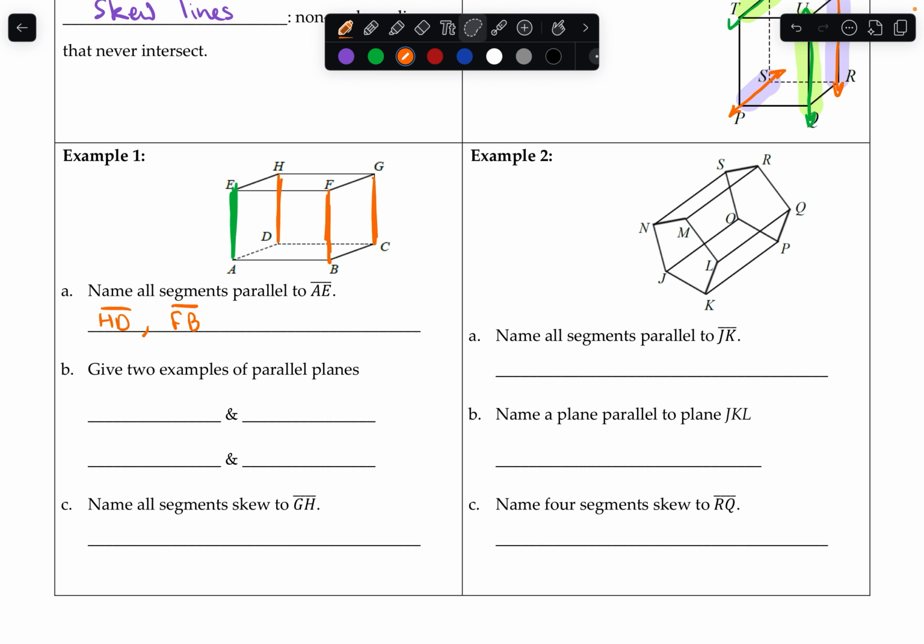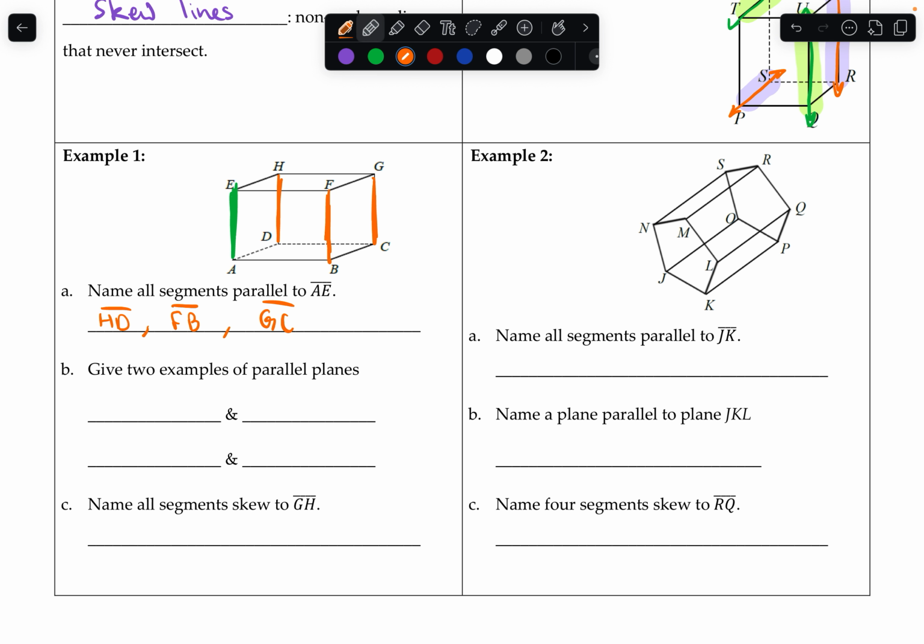If you imagined slicing this box in half, pretend it's a cake or something, and you sliced from corner to corner, you would actually create this new plane in the middle, right? And AE and GC are either sides of that plane. So those are definitively all the segments that are parallel to AE.